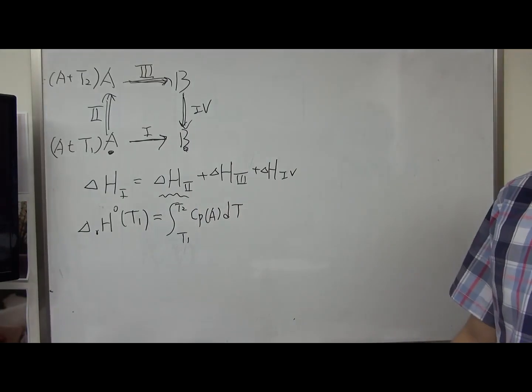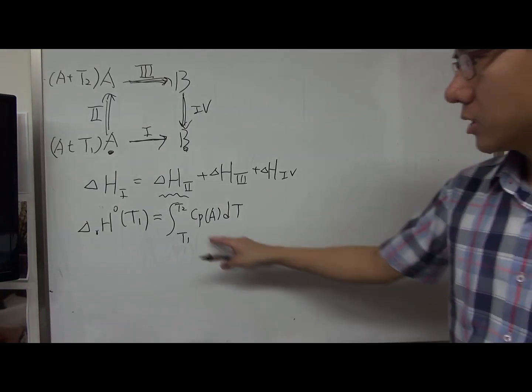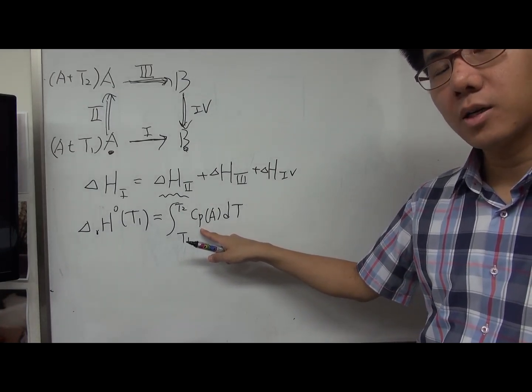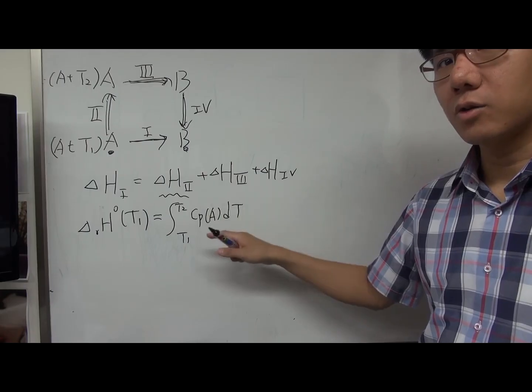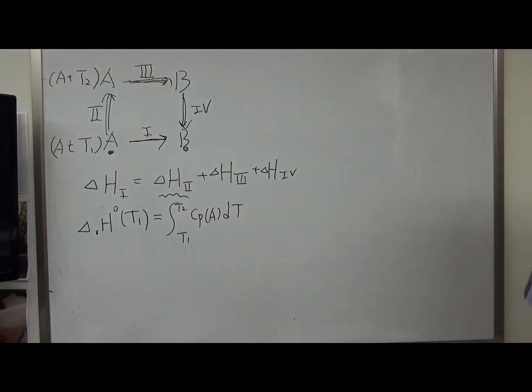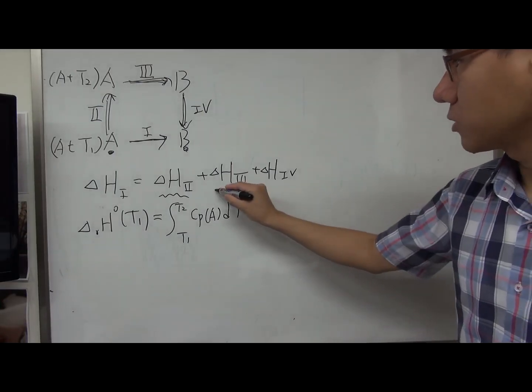You remember from the definition of enthalpy, right? Cp, heat capacity at constant pressure, was defined as the partial of H with respect to T at constant pressure. So we can write it like this. How about this one?